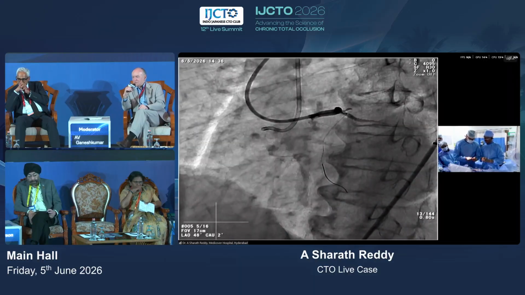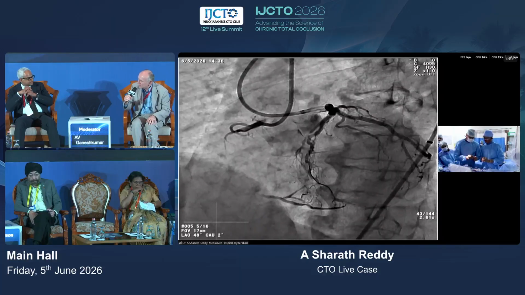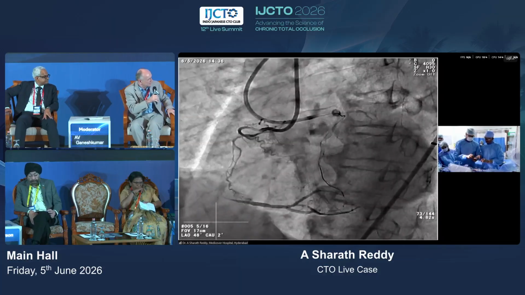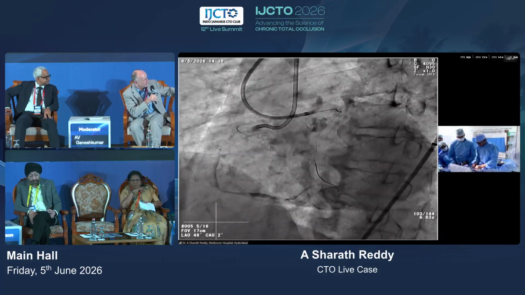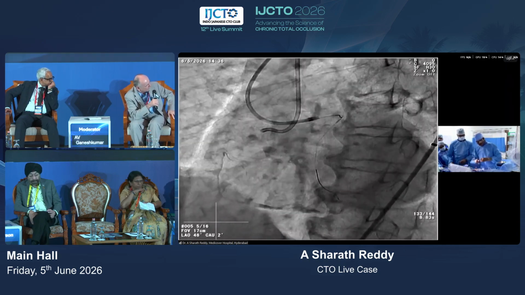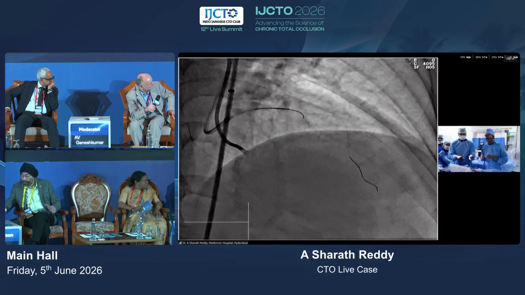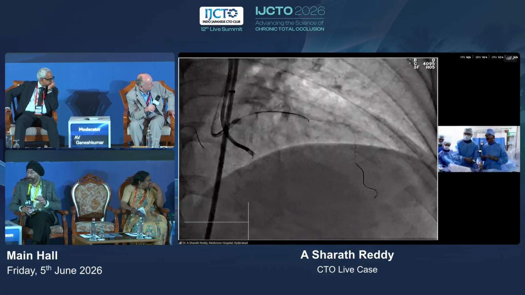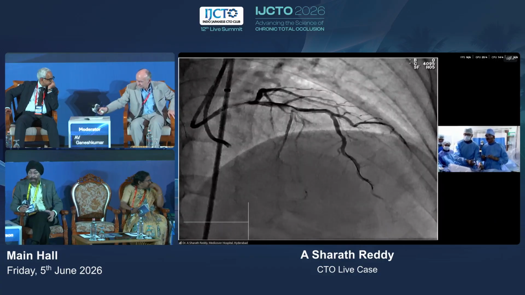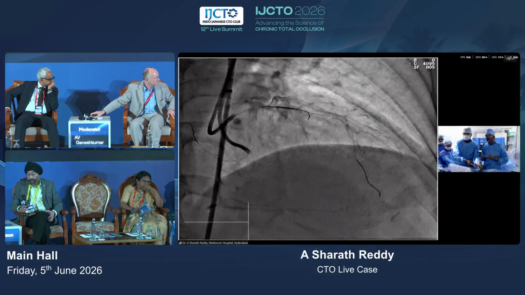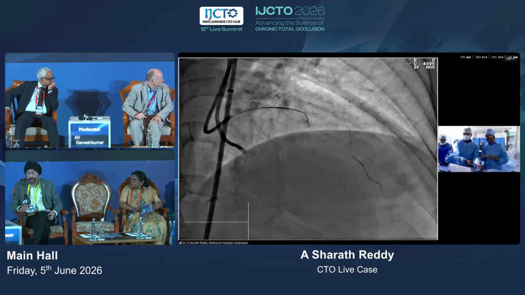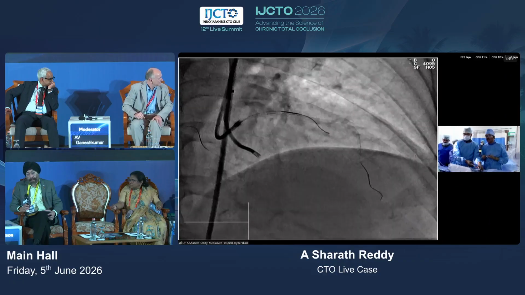But you had a perfect workup of the case, and let's get 2-3 opinions on how to approach. Antegrade first? I think I was guided antegrade, but the side branches are not very optimal for the vessel. I would suggest antegrade first and then go for it.